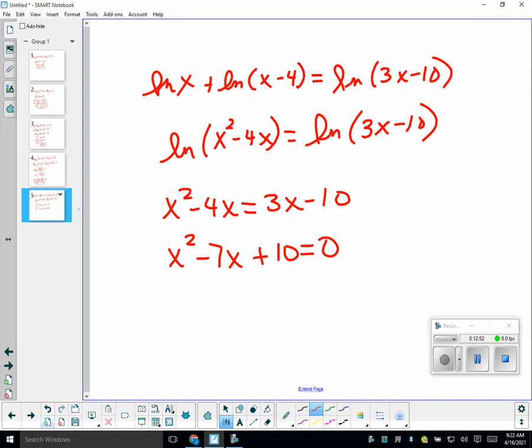What are my numbers? Negative 2 and negative 5. Well, it's going to factor into this. Yes, it's 5 and 2. Now, when I put them in up here, does the 5 work? Does the 2 work? No. So my answer is just x equals 5.